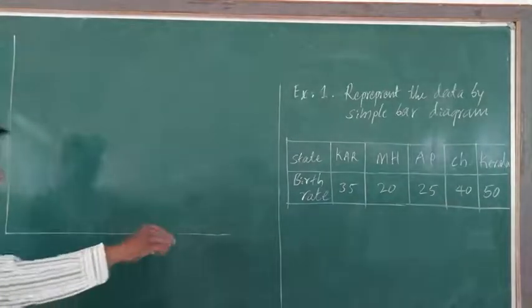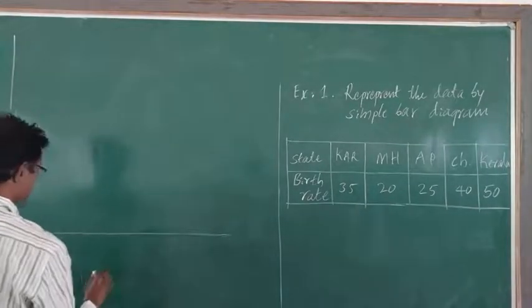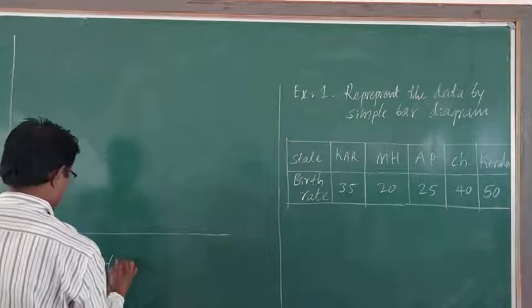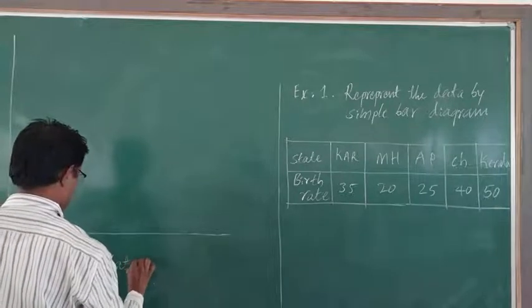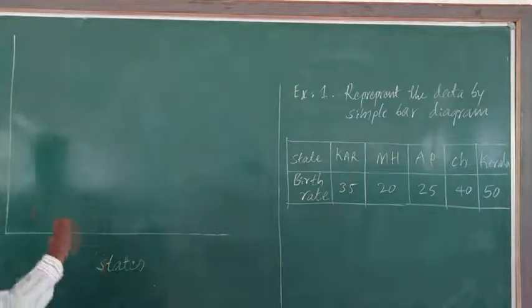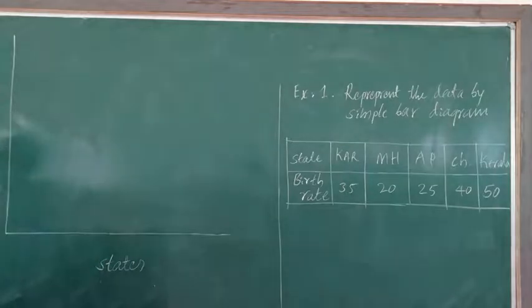Along x axis we are taking states, and along y axis we are taking birth rate.